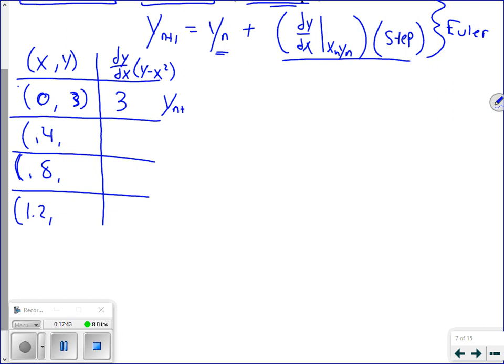If I want to know my next y value, it's simply going to be my previous y value, which is 3, it's right here, 3, plus my slope at my current point, which is 3, times my step size. And in this case, my step size is 0.4. So I'm just using a tangent line to estimate my next point. In this case, I got that it was equal to 4.2. Okay. So my next point is 4.2.